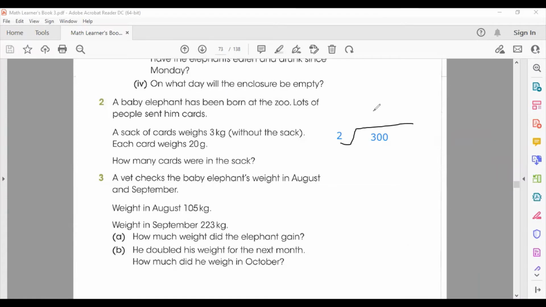2 multiplied by 1 equals 2. Okay, 3 minus 2 equals 1. Bring 0 down. In the table of 2, 10 is coming. Obviously 2 multiplied by 5 equals 10. And there is 0.